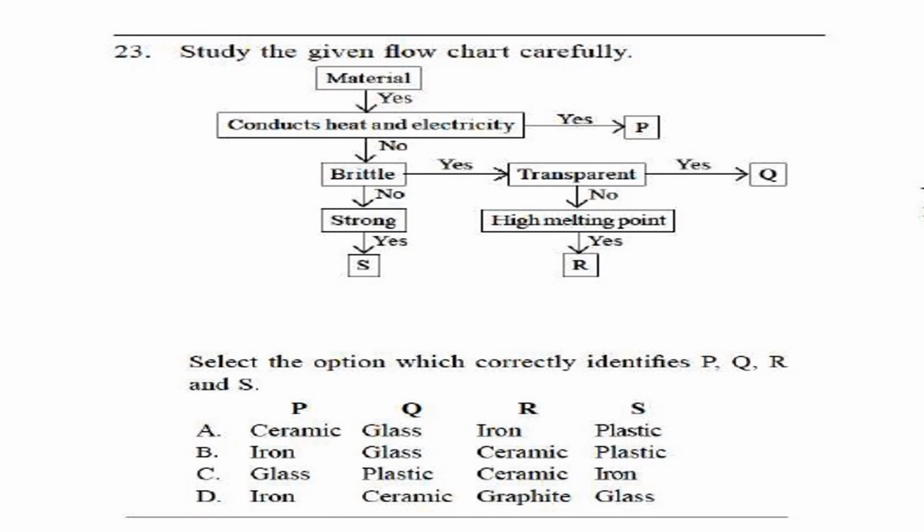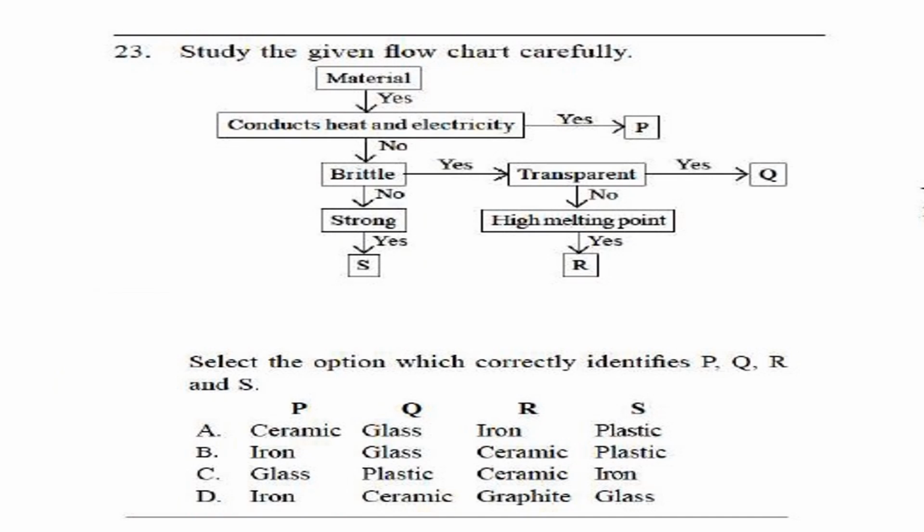Conducts heat and electricity, yes, is P. Iron and ceramic both conduct heat and electricity, so P can be ceramic and iron. So option A, B and D can be our answer. For Q, conducts heat, no. Brittle, yes.